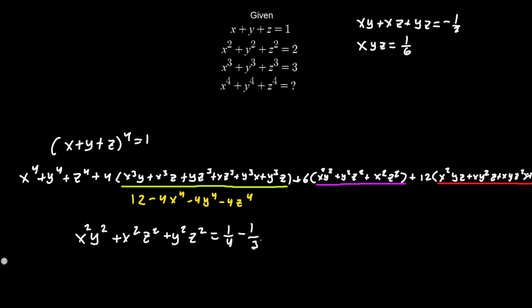And this will just be 3 minus 4, which will be negative 1/12. Negative 1/12. So pretty much we have that this is negative 1 over 12.